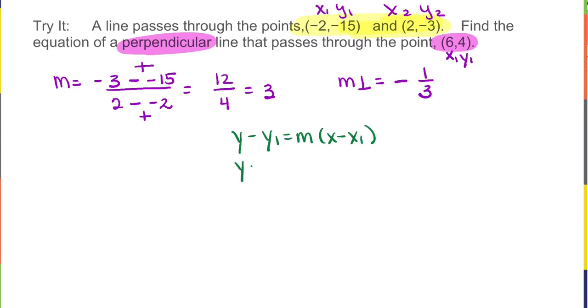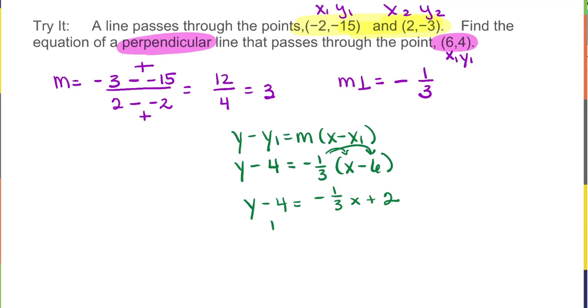So we have y minus 4 equals negative 1/3 times x minus 6, distributive property, and we get negative 1/3 x plus negative 1/3 times negative 6, which is positive 2, and then I'll add 4 to both sides, and we get y equals negative 1/3 x plus 6.